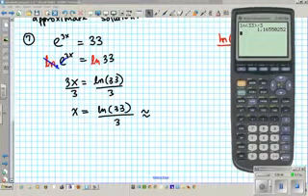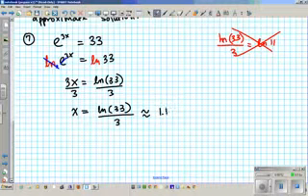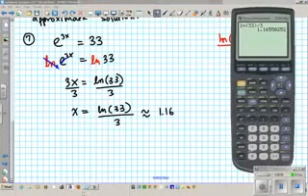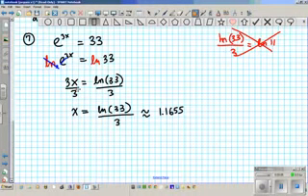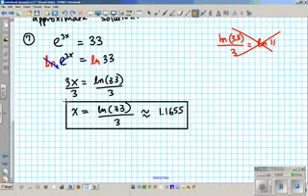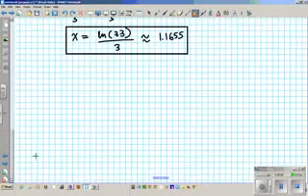So just give me 4 decimal places, that's sufficient, okay? So there goes your exact, and this is your approximate solution. Alright, with that in mind, let's go ahead and try another example.